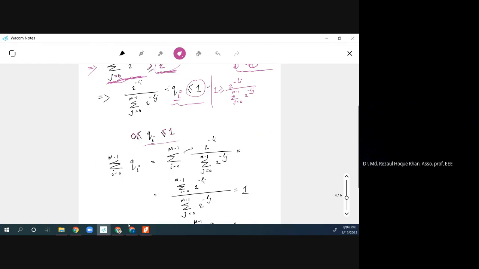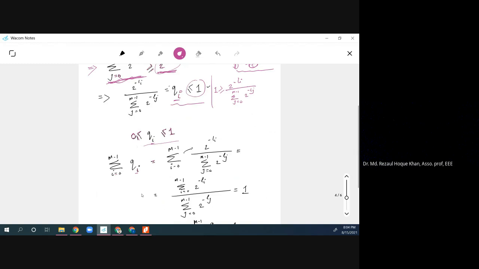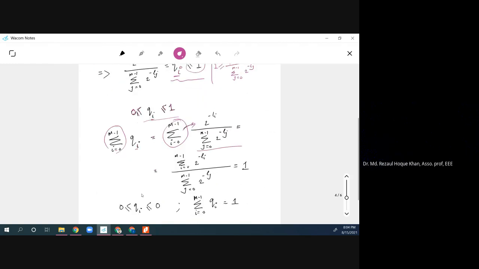So the summation of i equal to 0 to m minus 1 of Qi, we can rewrite it. We know the Qi value. Qi value is this one, which is this part, and this summation. Okay, so we put it into the numerator, this easily goes there, which is this part, and the lower one, which equals 1, definitely.